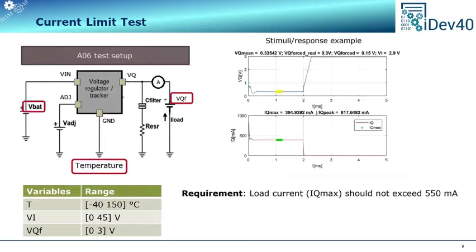Indeed, if you apply a voltage here, the output voltage measured here will be constant, equal to the forced output voltage, for a certain time up to 2 milliseconds. The test is performed after 1 millisecond because the first millisecond is left for the stabilization of the circuit. As specified in the requirements, the output current is measured during this test also after 1 millisecond.